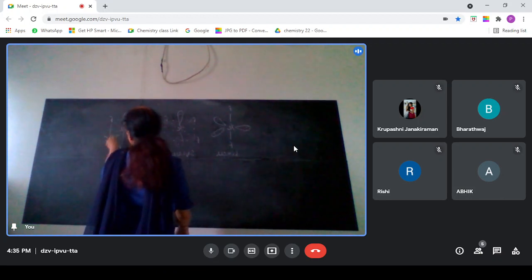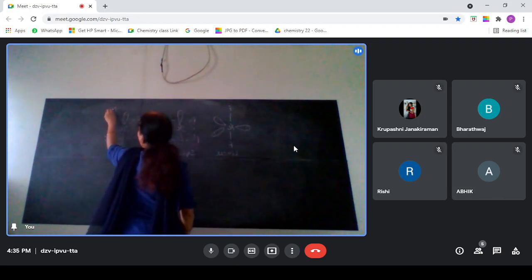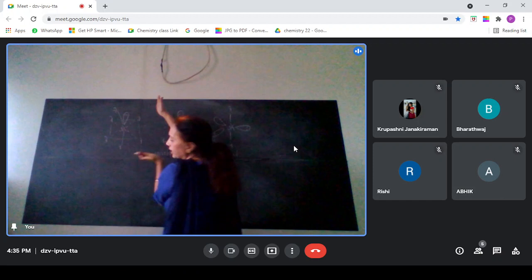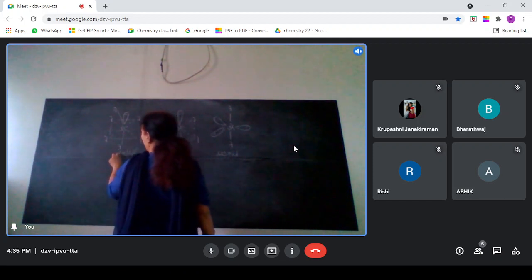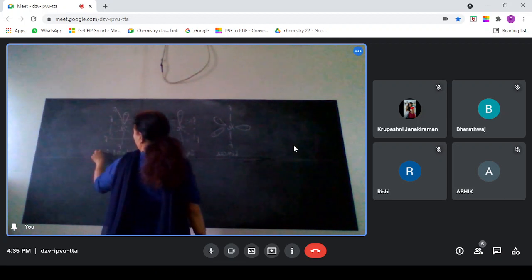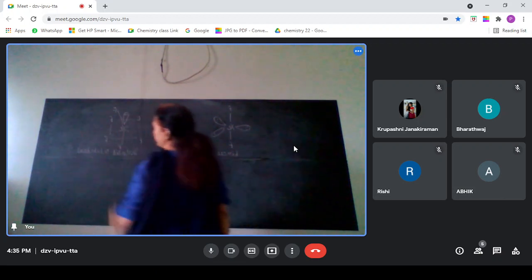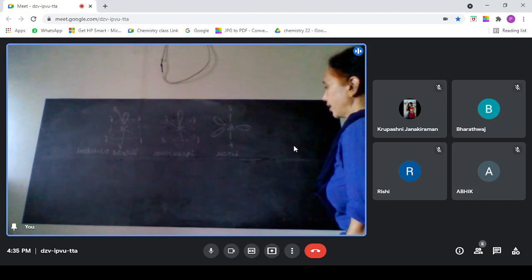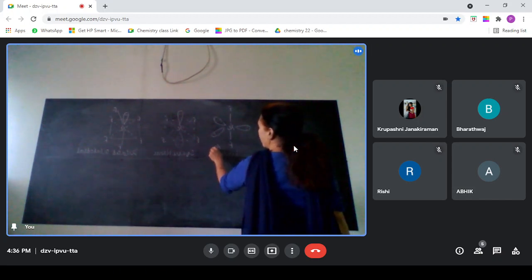It is a little bent like this, because of the lone pair here. It is because of the repulsion. It is a little distorted. So you write it as distorted octahedral. Distorted octahedral.